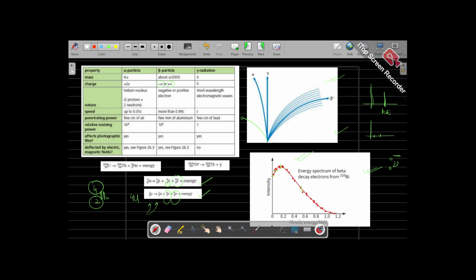And now that it has become unstable, it might be because it has comparatively greater number of neutrons than it should have been for its stability, or it has greater number of protons than there should have been. So now in order to become stable, if it has greater number of neutrons, what happens?